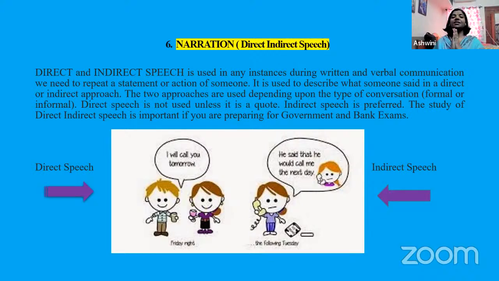So narration को study करने के लिए you have to learn about tenses, types of sentences, and then parts of speech. Then you will get a correct answer to the question asked from the section narration or direct indirect speech. Now direct indirect speech is used in any instance during written and verbal communication.